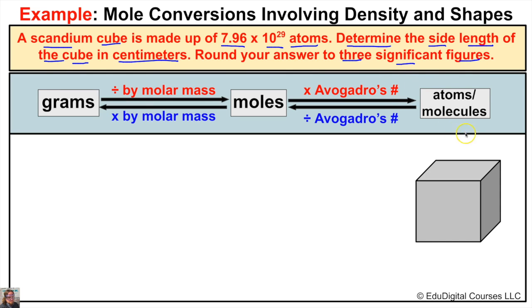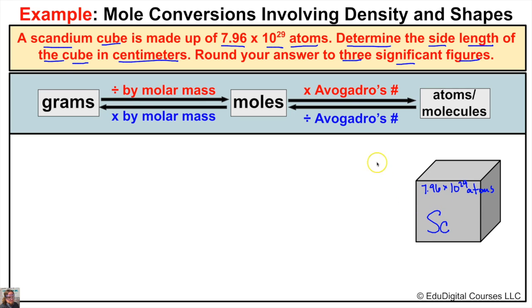So in this problem here, we have a cube, and what I like to do in these types of problems is draw myself a little picture and label what's going on. That way I can visualize everything. So we have a scandium cube, and Sc is the chemical symbol for scandium. And what do we know about this scandium cube? Well, we know that this scandium cube is made up of 7.96 times 10 to the 29th atoms of scandium.